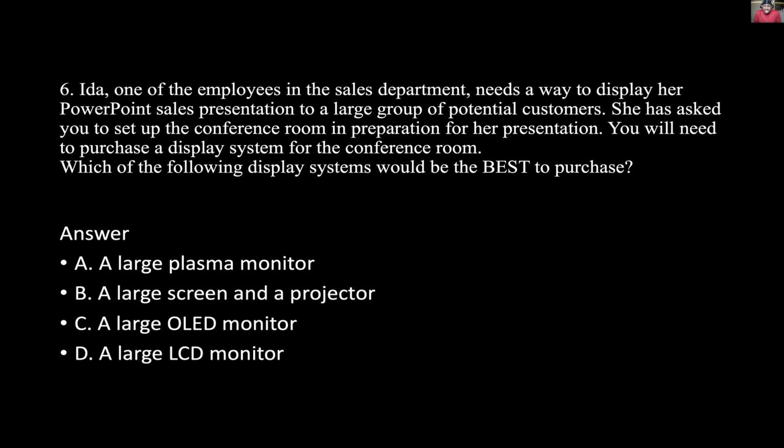C, a large OLED monitor. Damn, OLED is expensive. I might want to see their budget. D, a large LCD monitor. Well, the only one that stands out here is B, a large screen and a projector.